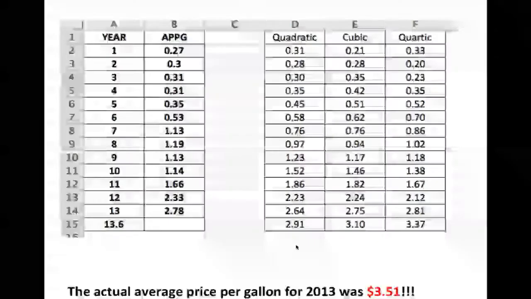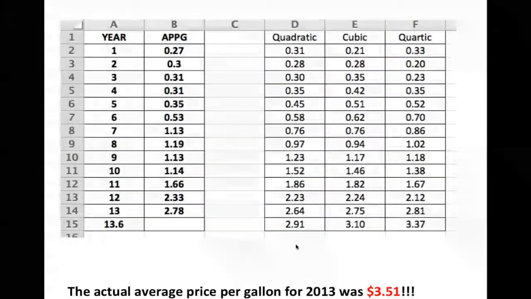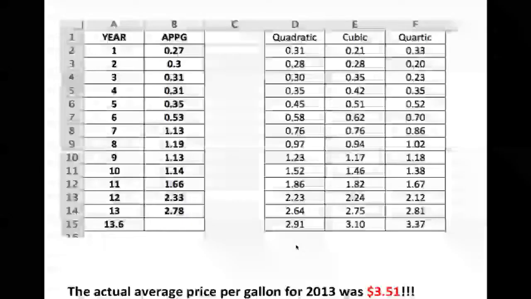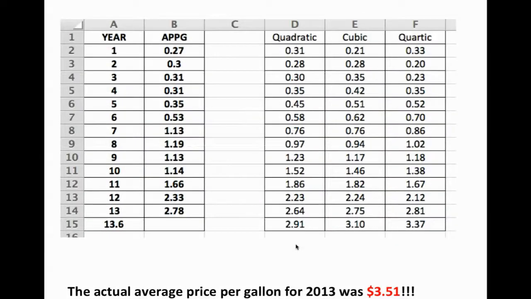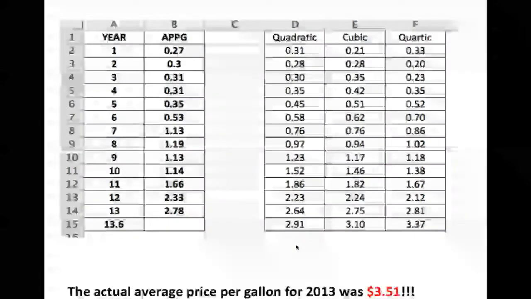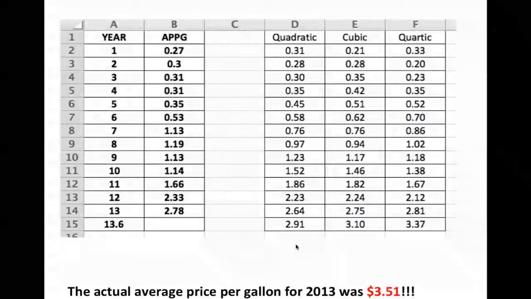So even the quadratic, cubic, and quartic weren't that great a predictor, and we might have had to go even higher into a 5th degree or a 6th degree equation. Right, so you can see how linear regression can help us make some predictions rather than haphazardly guessing. We have some math to back us up.